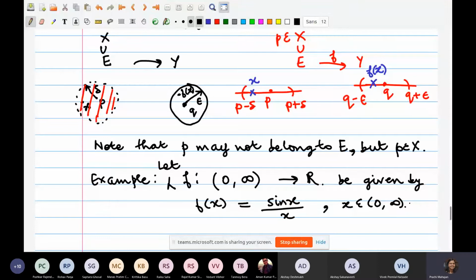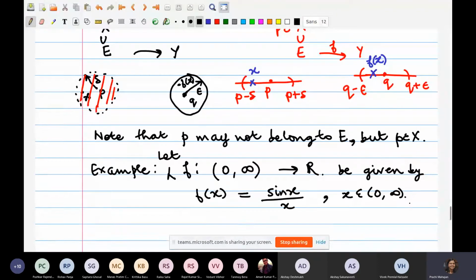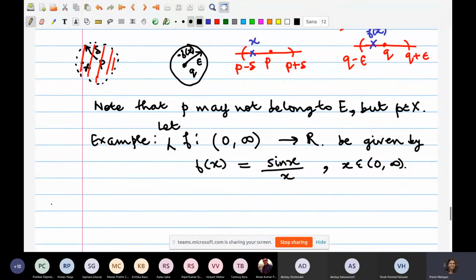right? So clearly the function f is not defined at the origin in this example. But we know that it has a limit of 1 as x tends to 0. This is calculus, which I'll skip for the moment.